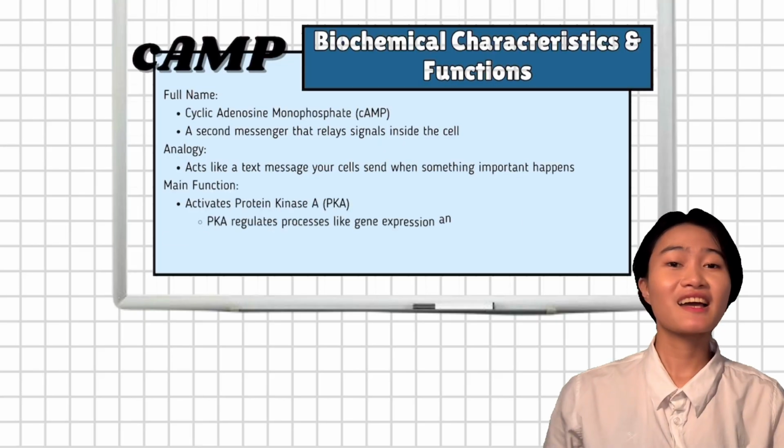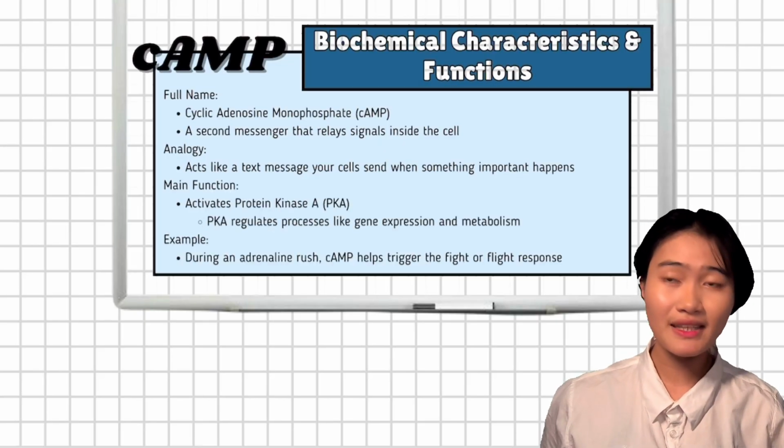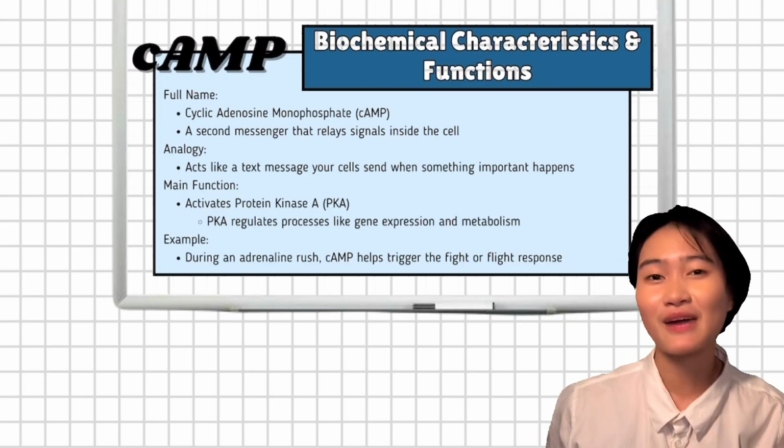Now, we will dwell on their characteristics and functions. So, what do they actually do? cAMP. What does this mean again? Yes, right! Cyclic adenosine monophosphate. Think of cAMP as a text message your cells send when something exciting happens.